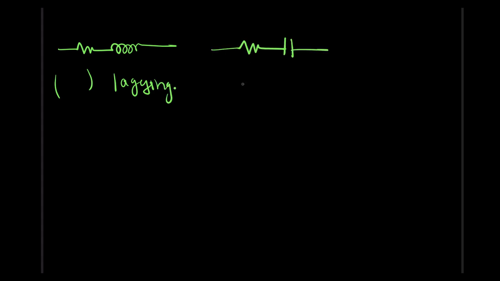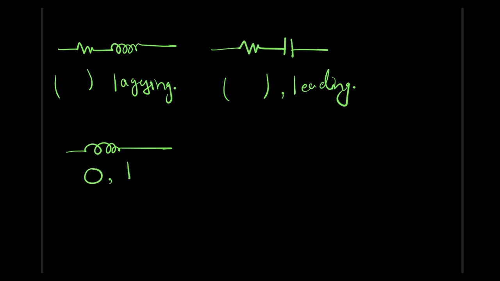Now, the conclusion is if there is RL load, there will be some power factor but lagging. In case of RC load, there will be some power factor but leading. And what we learned earlier, in case of purely inductive load, power factor will be 0 and lagging.